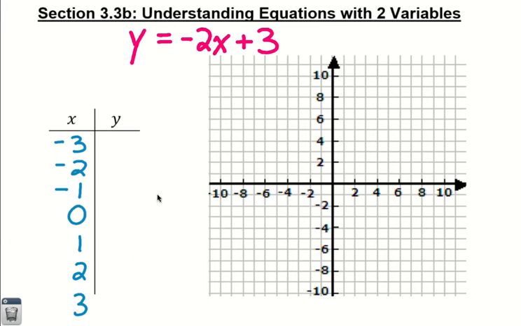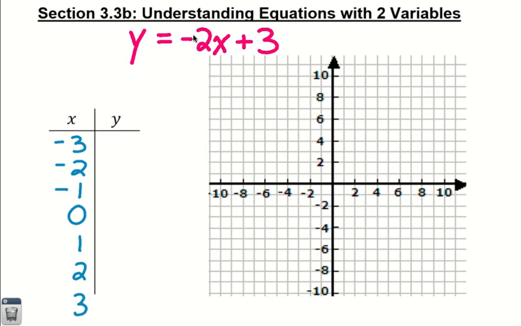So I don't think it's too big of a stretch right now for you to understand that this equation is describing a relationship between the x variable and the y variable, namely that y will be equal to -2 times x plus 3.